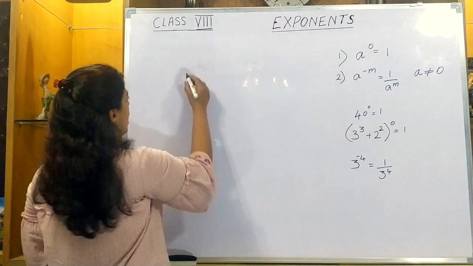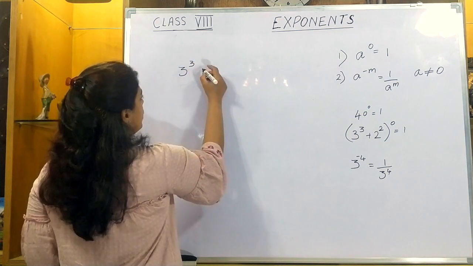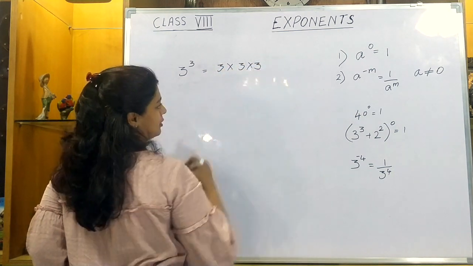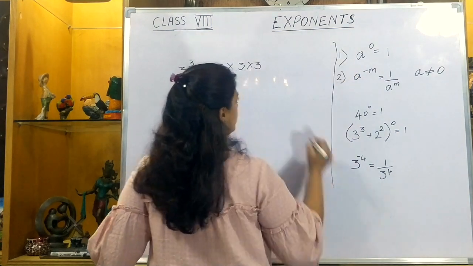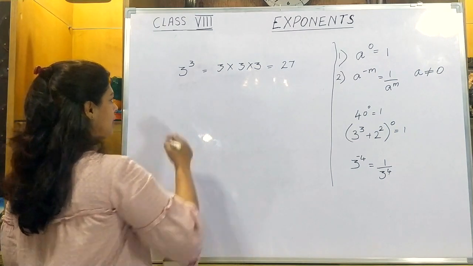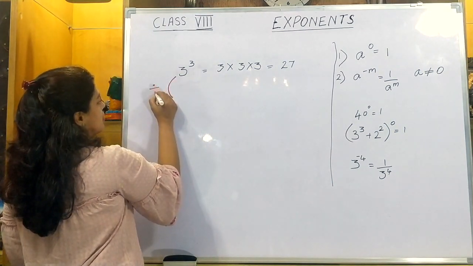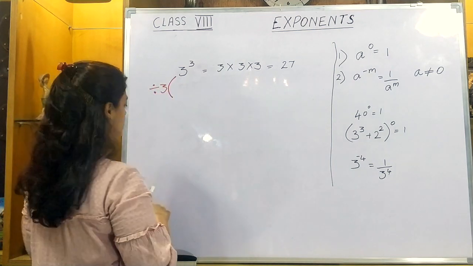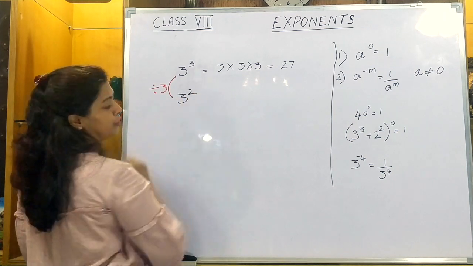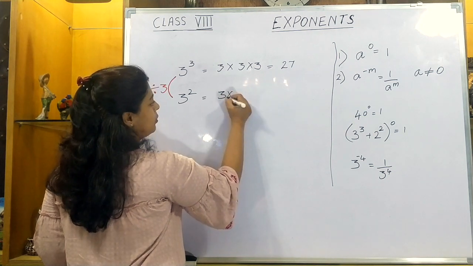For example, if I have 3 cube. 3 cube means 3 into 3 into 3, which is equal to 27. Now, if I divide this by 3, what I get over here is 3 raised to the power of 2, that means this divided by 3, 3 into 3.